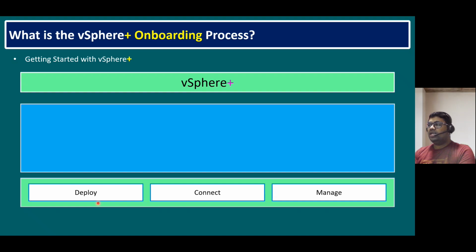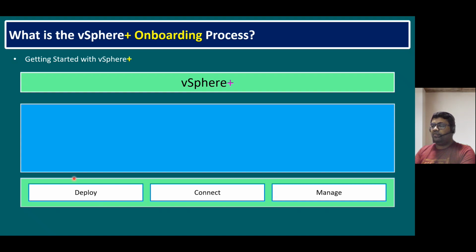So in order to get the internet connection and connect to our VMware Cloud Portal, we require one additional appliance in our on-premises vSphere environment. We call it the Cloud Gateway Appliance, or the vCenter Cloud Gateway Appliance. Any name we can use, either the shortcut CGW or vCenter Cloud Gateway Appliance.